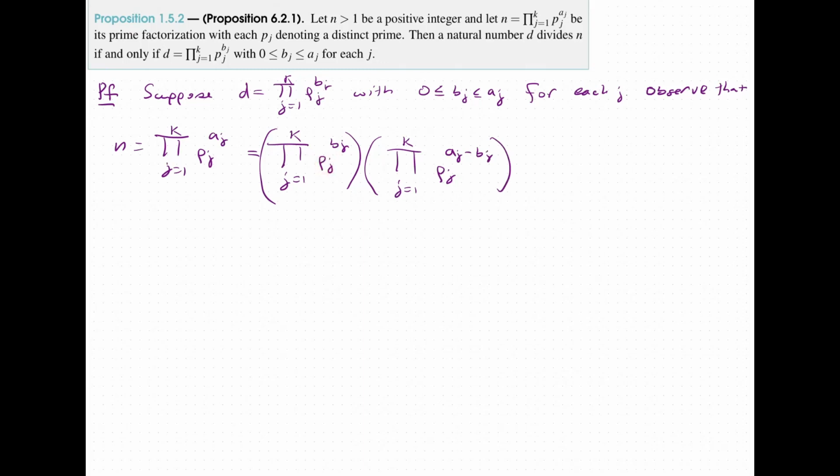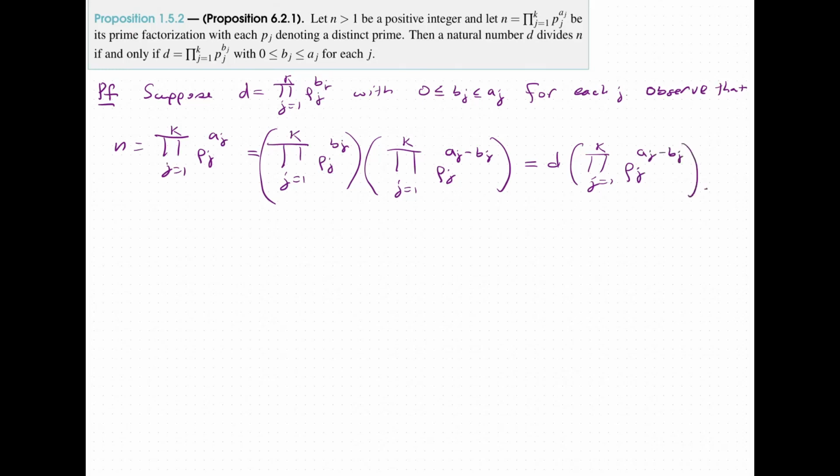And so when we multiply both of these, the exponents will match up, and so we're going to have b sub j plus a sub j minus b sub j. The b sub j's cancel, and so we have that this here is a factor of this, if this here is at least 0. And so we're still not done, because it may be the case that this thing that we have here is not an integer.